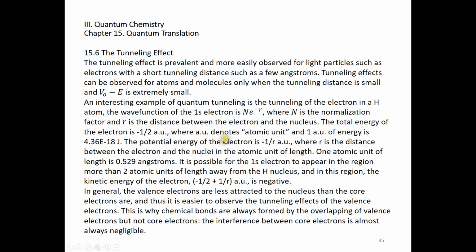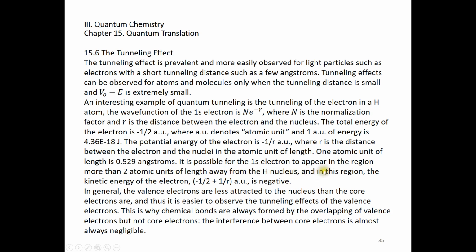The potential energy of the electron is -1/r atomic unit, and r is the distance between the electron and the nucleus in the atomic unit of length. 1 atomic unit of length is 0.529 angstroms. Again, we'll learn this a bit later when we solve the Schrödinger equation for the hydrogen atom. Now, it is possible for the 1s electron to appear in a region that's more than 2 atomic unit lengths away from the nucleus.